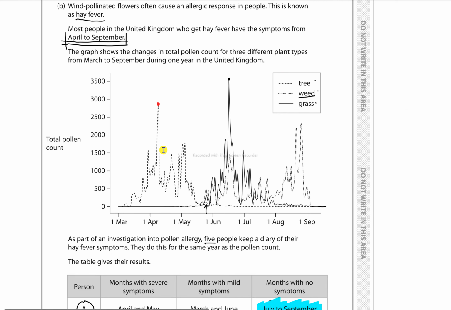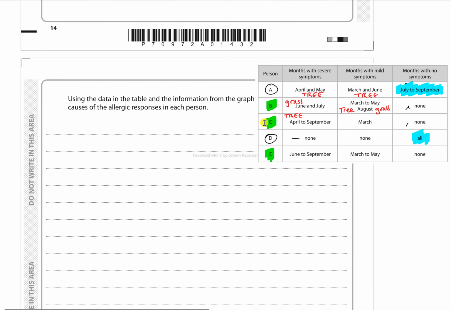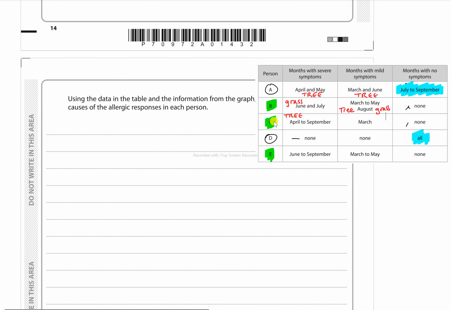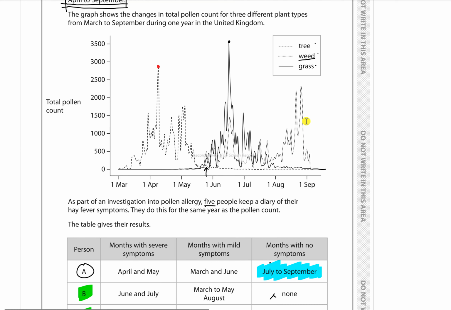Right, what happens in March? Let's have a look. Nothing really happening in March. March is mild, so what kicks off in March? Really, it's tree. Okay, March is tree. So it's mild because there's not much of it about. That makes sense. None. June to September. What's happening June to September? Right, so that'll be grass and weed.